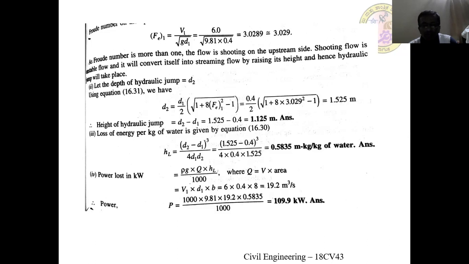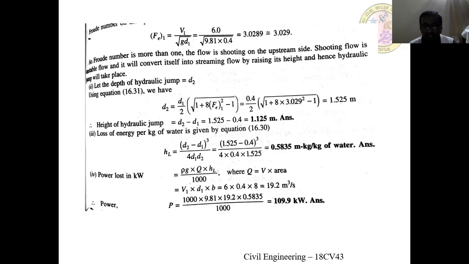Be careful. Q equals V into A, where V1 is 6, depth is 0.4, width of the channel is 8 meter. Don't go for small q. Small q is for unit discharge. So here we get Q equals 19.2 meter cube per second.